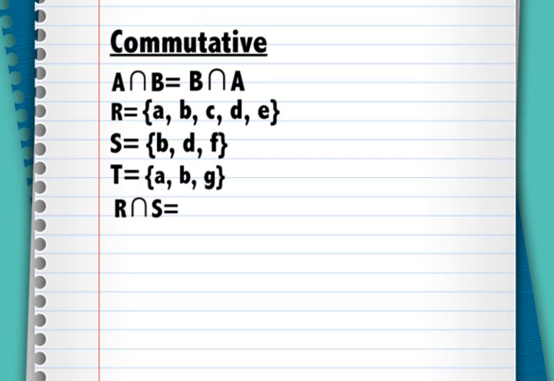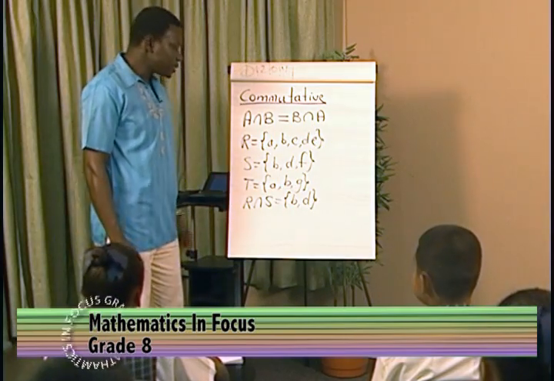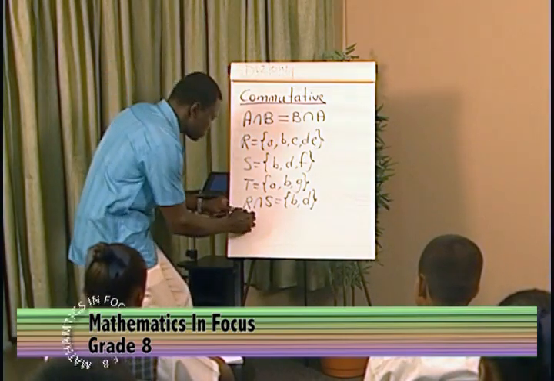R intersect S will be equal to, what are the elements? B and D, all agree? Yes. B and D. What is S intersect R?